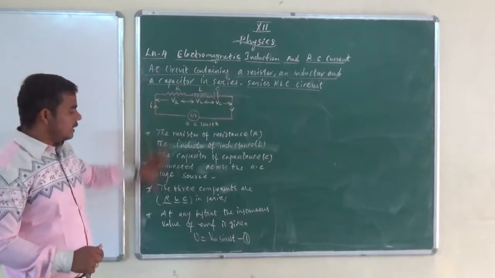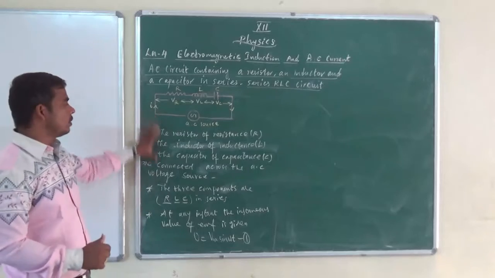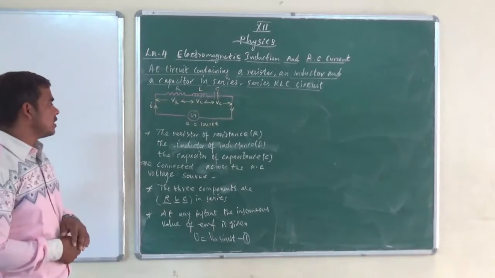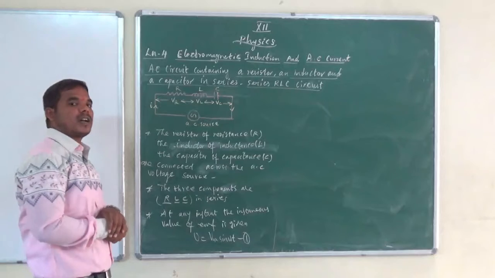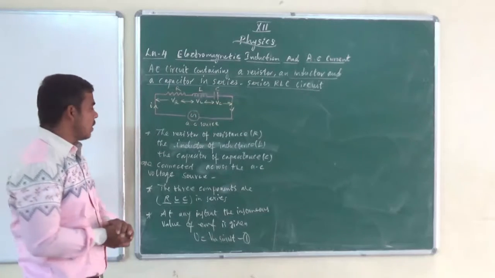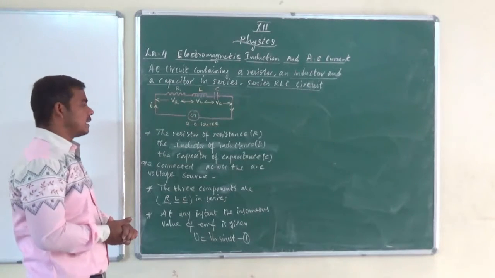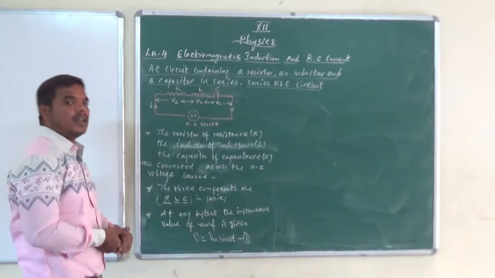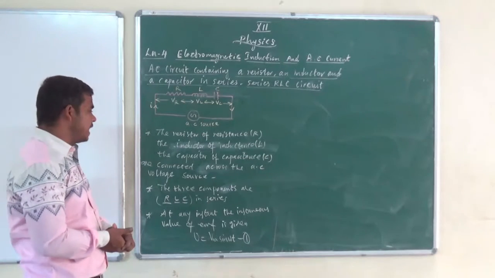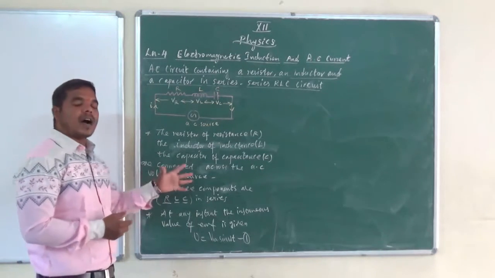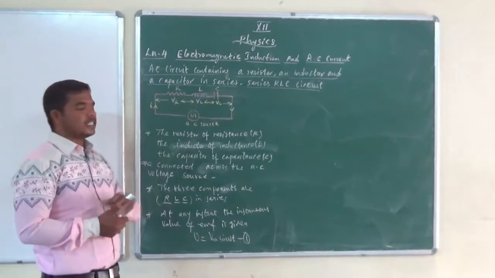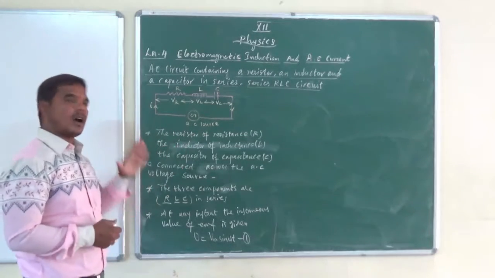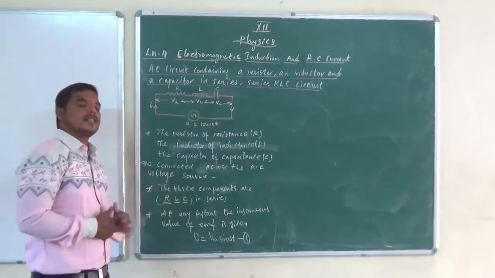So, the diagram and the explanation. Any doubt about the explanation and diagram? Very simple. The above circuit consists of a resistor of resistance R, an inductor of inductance L, and a capacitor of capacitance C, connected across the alternating voltage source, and the three components are connected in series.